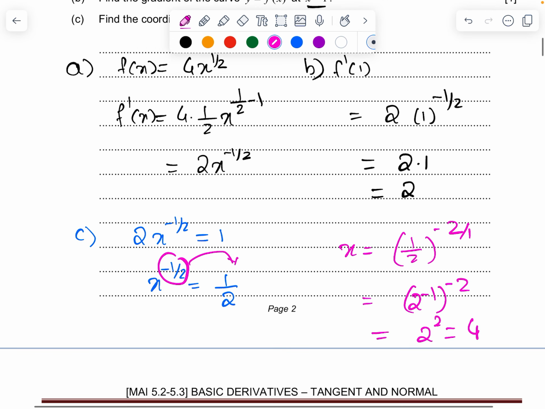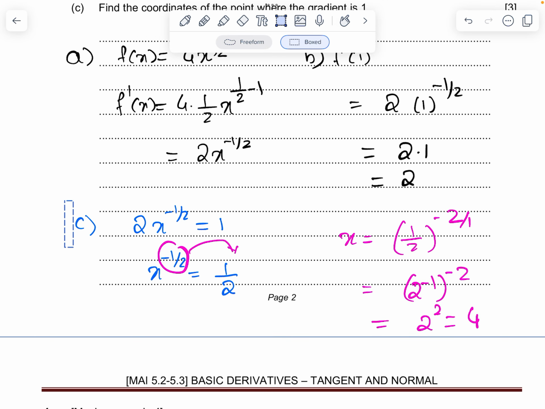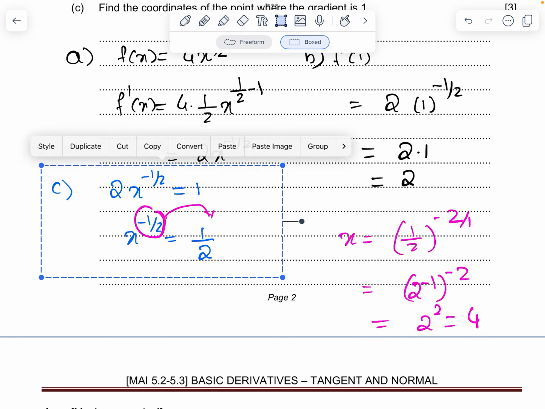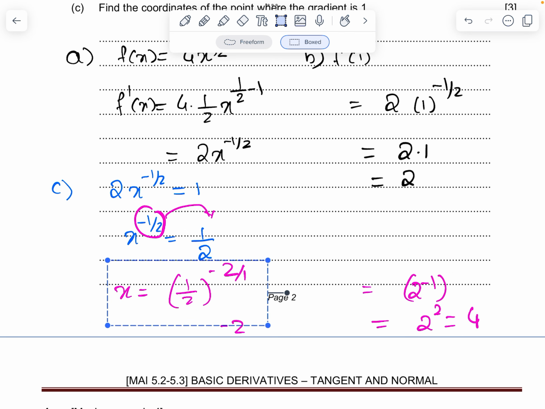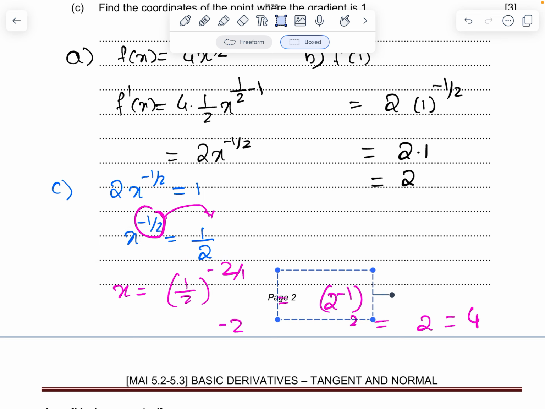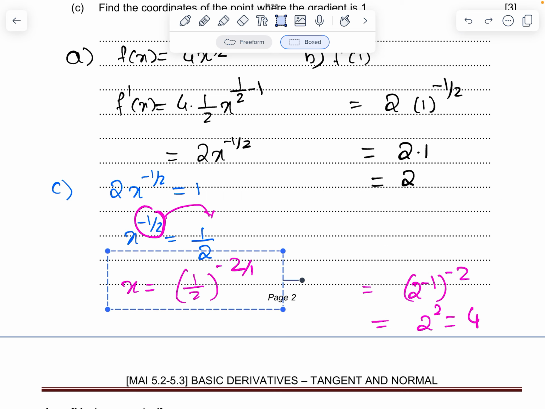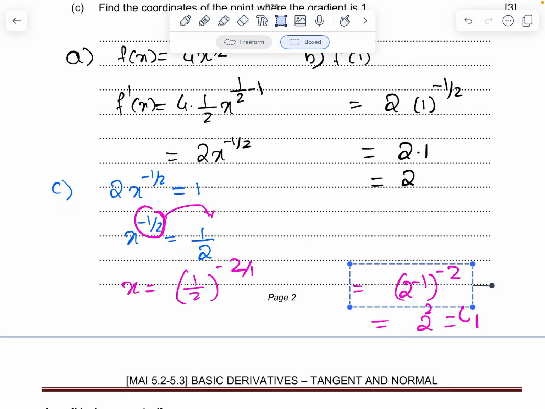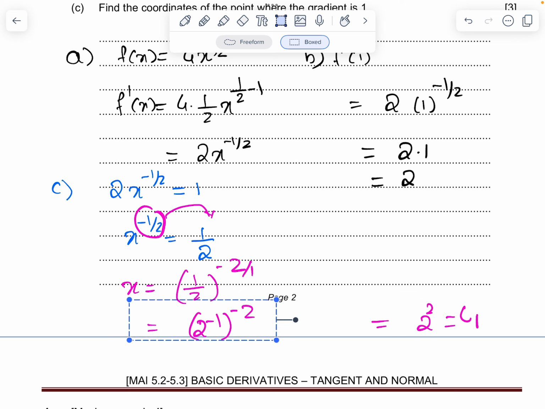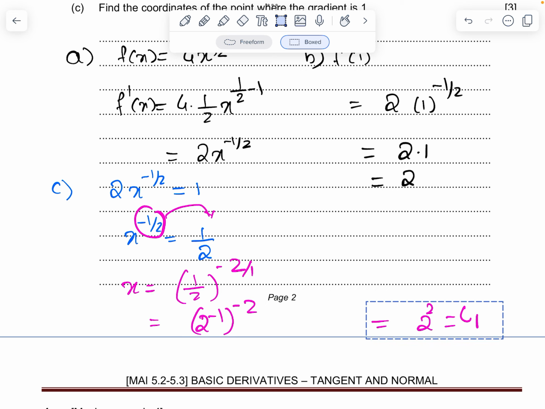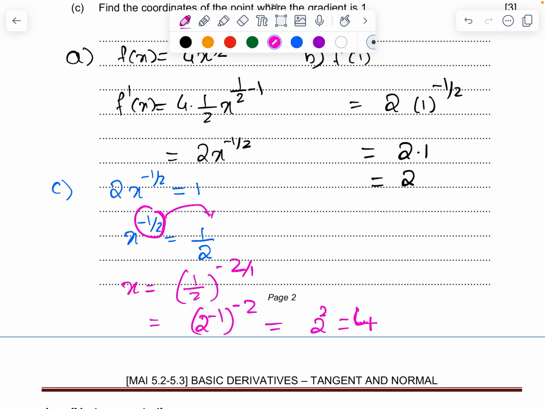Once I get the value of x, I need to find the value of y also. That one was part C. So I got the value of x, which was 4.